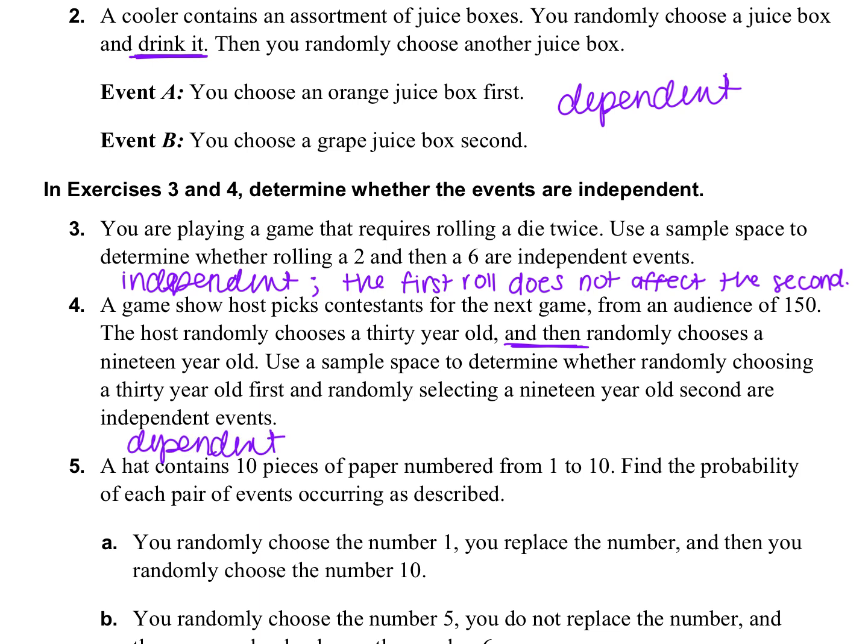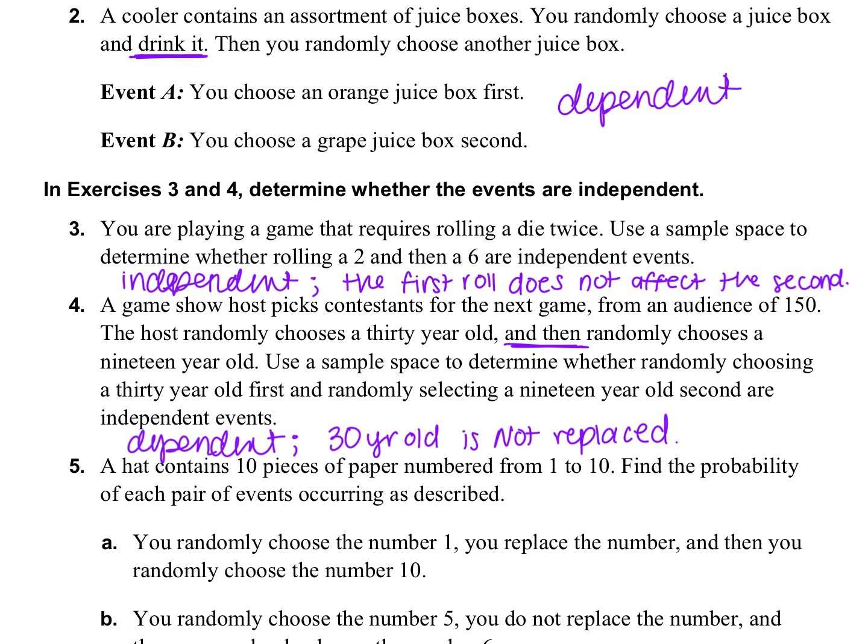How do I know it's dependent? Because once I choose that 30-year-old, that 30-year-old is not going to be replaced. I'm looking at my crowd and saying, you're my 30-year-old, so I'm going to choose you, come stand next to me, and I'm taking it out of my group. Then I'm going to choose something else. So the 30-year-old is not replaced, so it's going to affect my second choice.